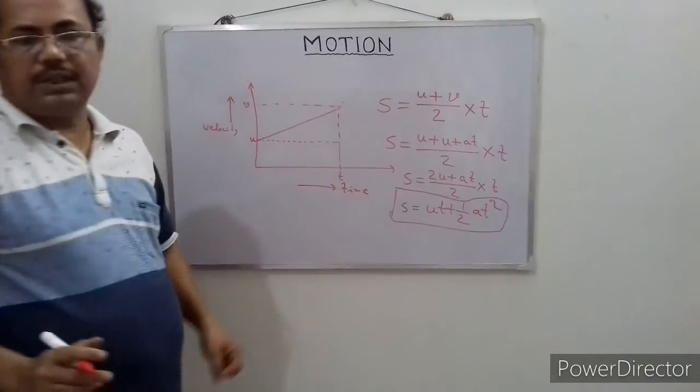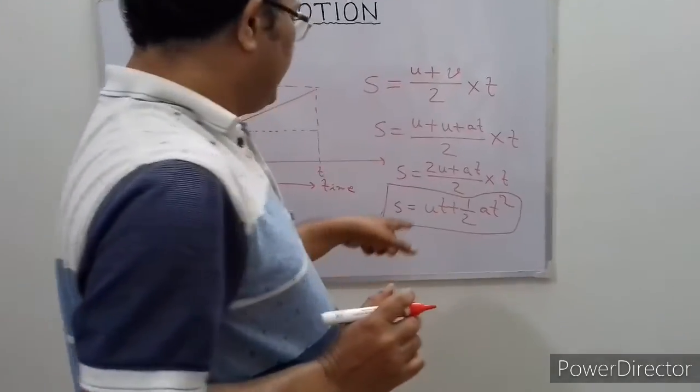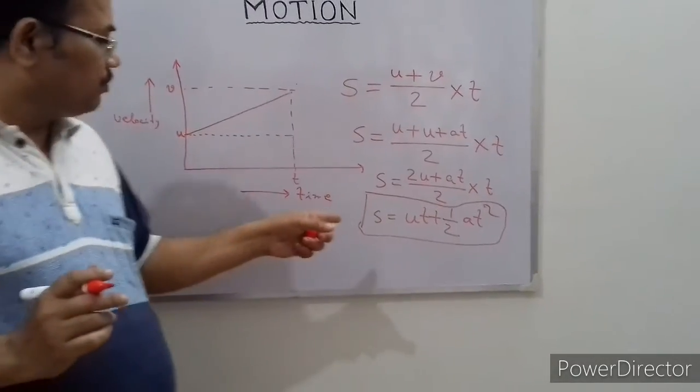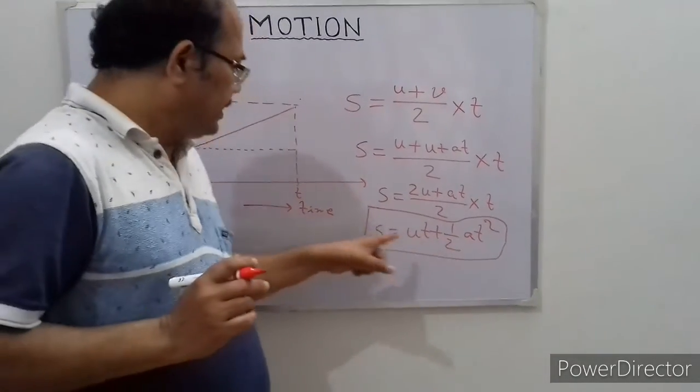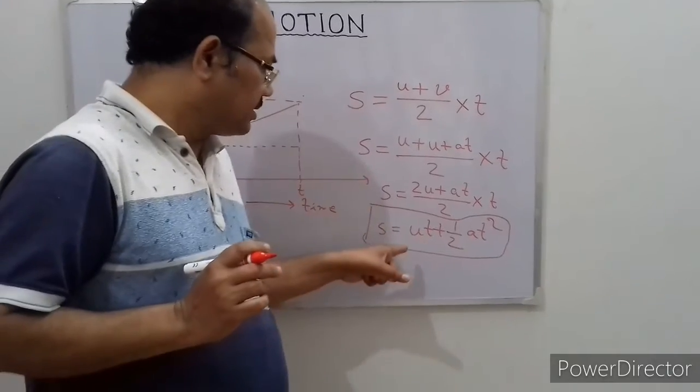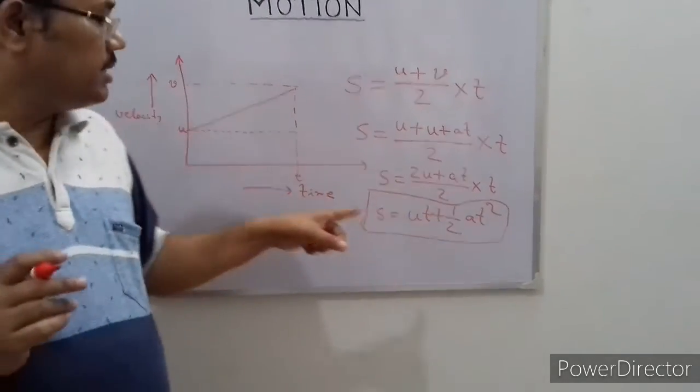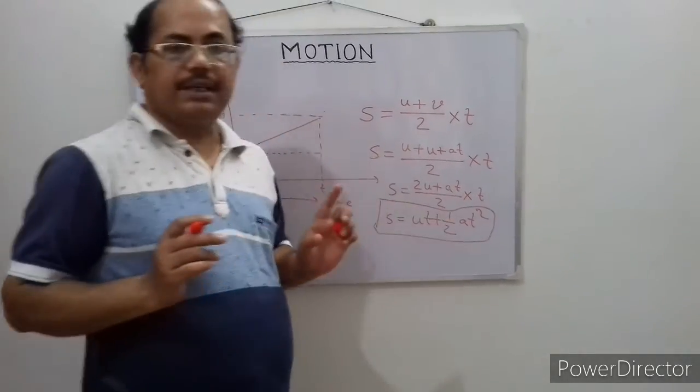This is another equation for this object when initial velocity is u, acceleration is a, displacement is s, and time taken is t. Here v is absent.